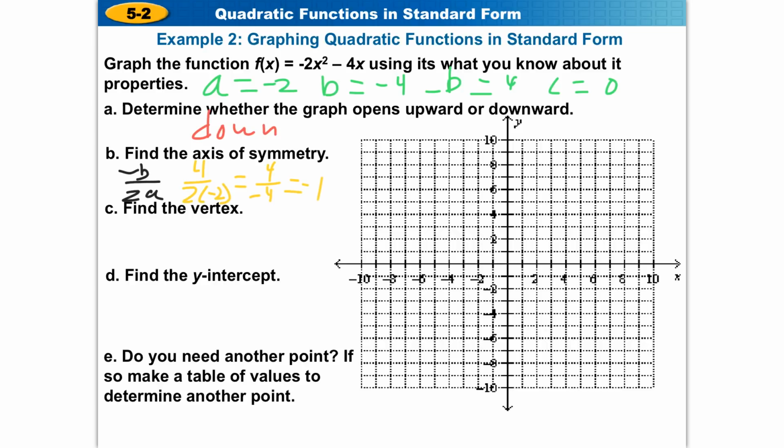So our axis of symmetry is right here at negative 1. Plug negative 1 into the original equation to find the vertex. So our vertex is negative 1, 2.